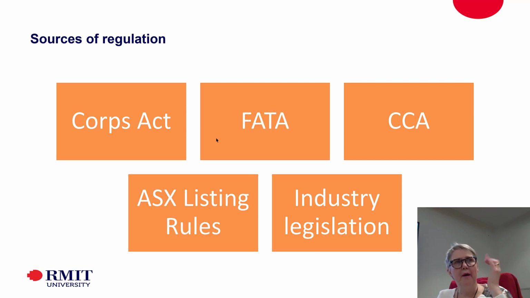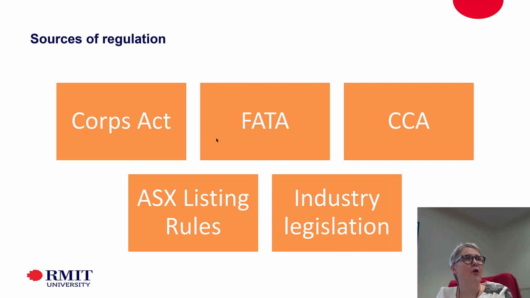So again, we'll come back to this. I know I'm going backwards and forwards, but I'm trying to give you the big overview so we've got some common language here. But members of the stock exchange, so when you do an IPO, you effectively apply to become a member of the official list.